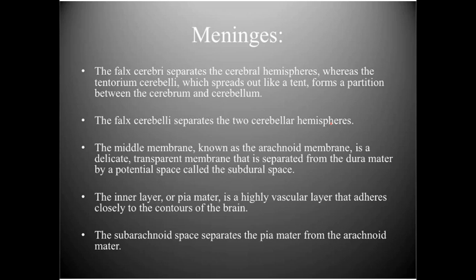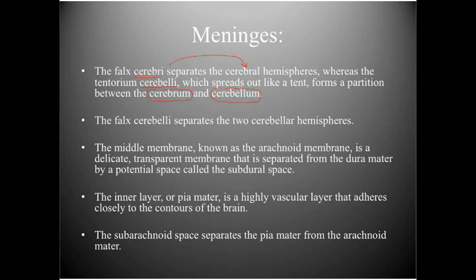So that's something that we need to keep straight. The falx cerebri, as the name implies, cerebri means cerebral, and cerebelli implies cerebellum. And so that's one thing to keep straight. The cerebellum and the cerebrum.